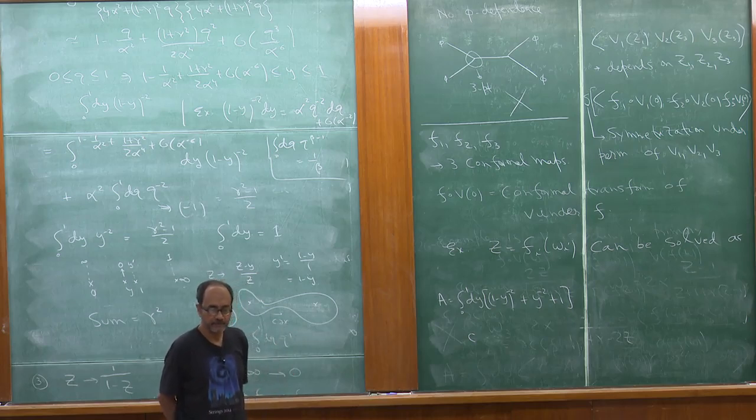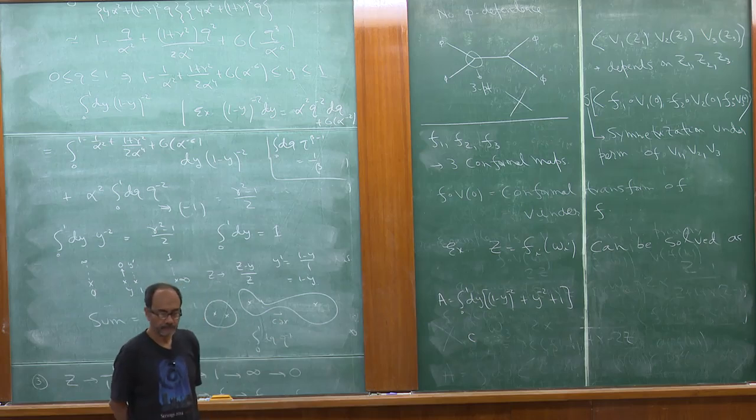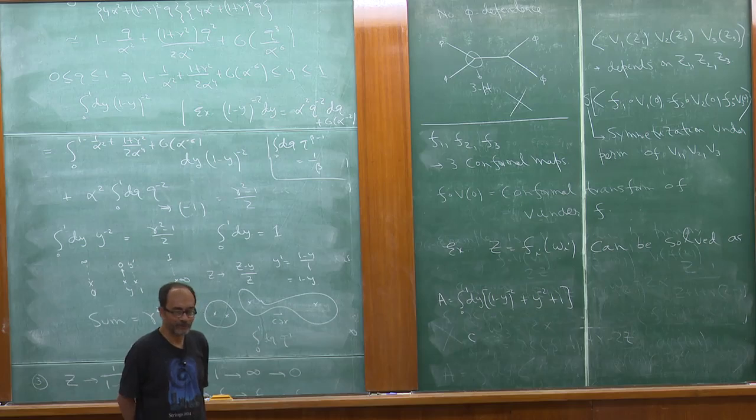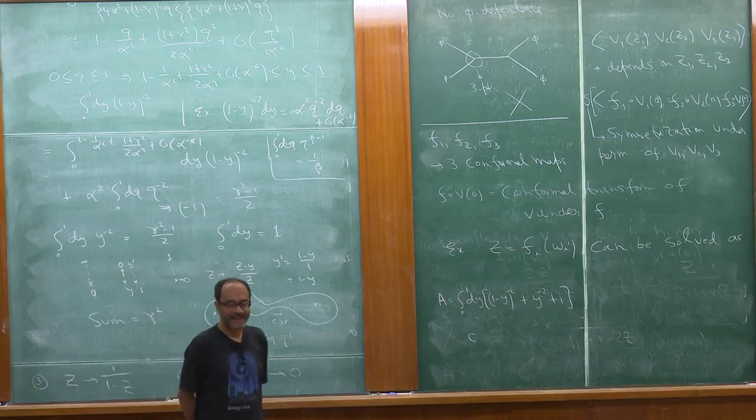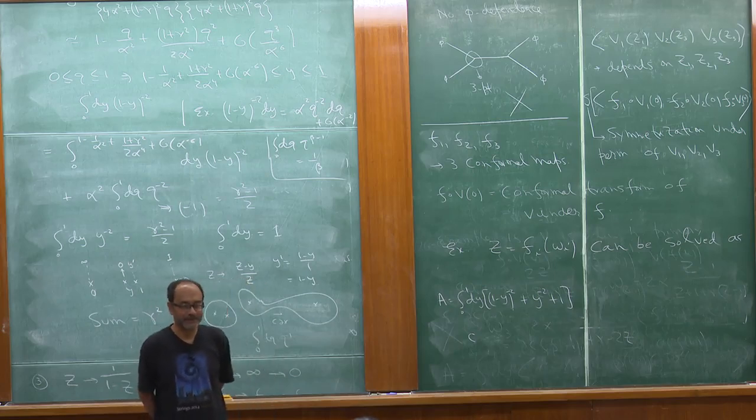Sorry, a vague question. After doing all this, can you formulate an effective rule for string perturbation theory so that you would get the right answer? This is the effective rule. I know. You are asking whether you can formulate a rule which doesn't require the choice of the FIs. Yes, I suppose.